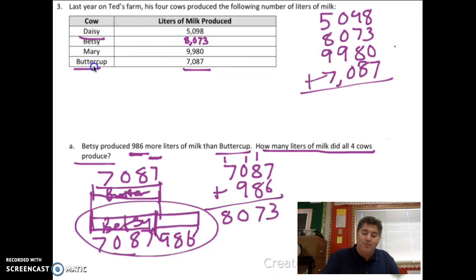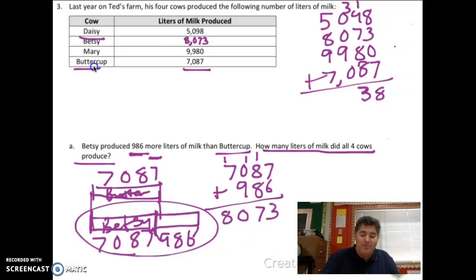So 7 plus 3 is 10, plus 8 is 18. 9 plus 1 is 10, plus 8 is 18, plus 8 more is 26, plus 7 would be 33. Wait, let me do that one again. Okay, 9 plus 1 is 10, plus 7 is 17, plus 8 is 25, plus 8 more would be 33.